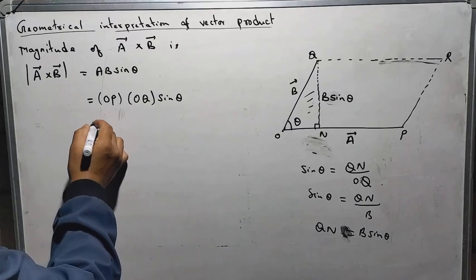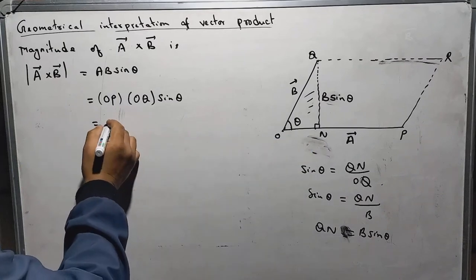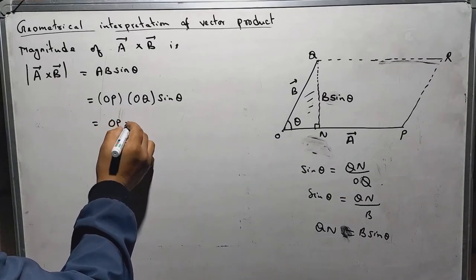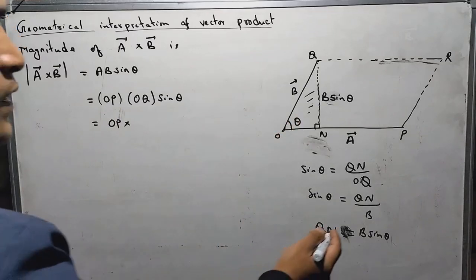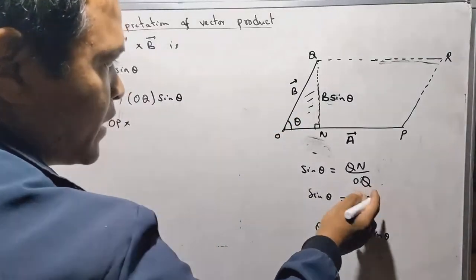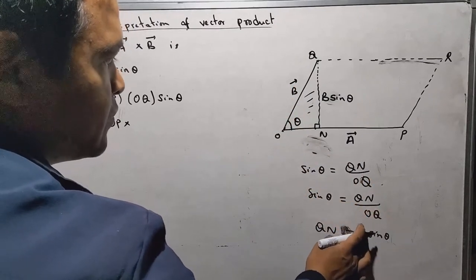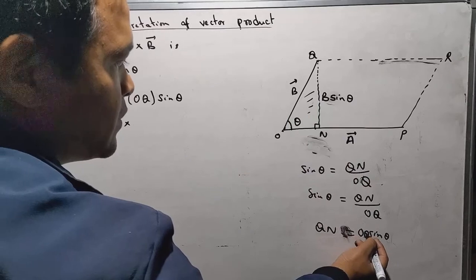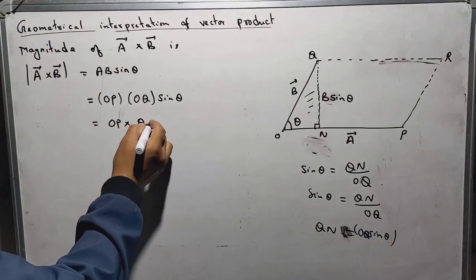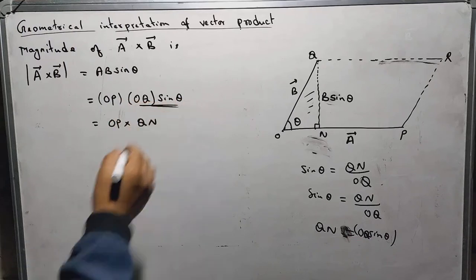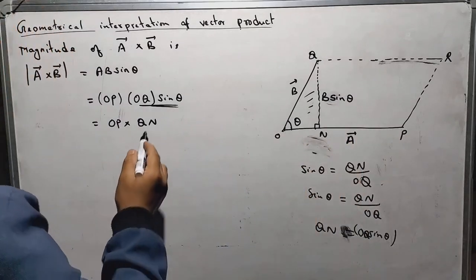So this is OP, and this is fine. And this OQ sine theta, if you don't substitute the value of OQ, that means this OQ remains here. So this OQ sine theta is equal to QN. Now, what is OP? OP is the base. What is QN?